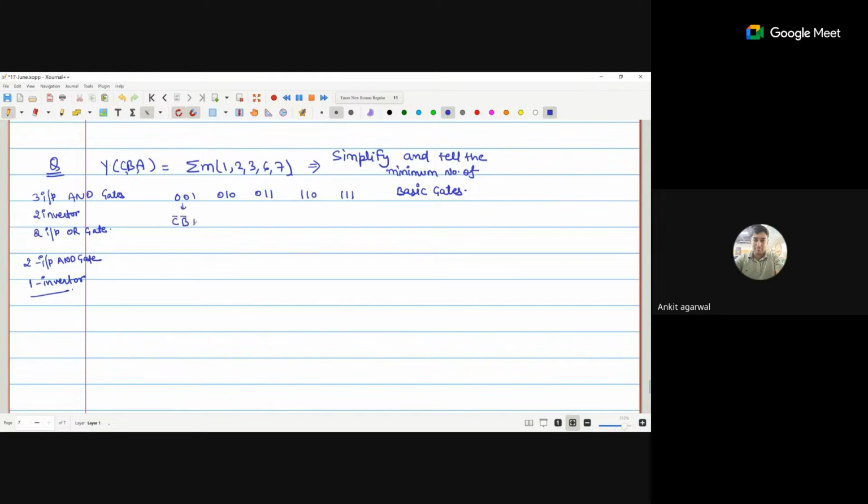C bar, B bar, A, or I can say A, B bar, C bar. For the next, A bar, B, C bar. For this one, A, B, C bar. For this one, A bar, B, C, and for this one, A, B, C.